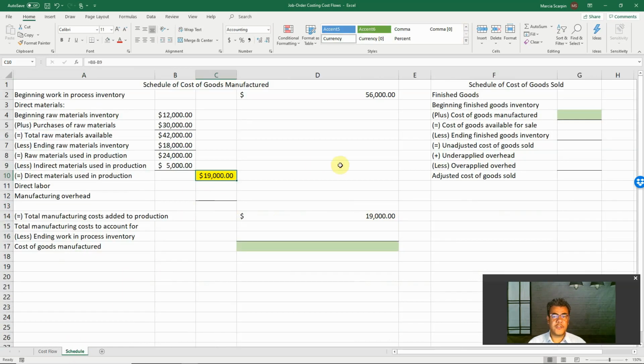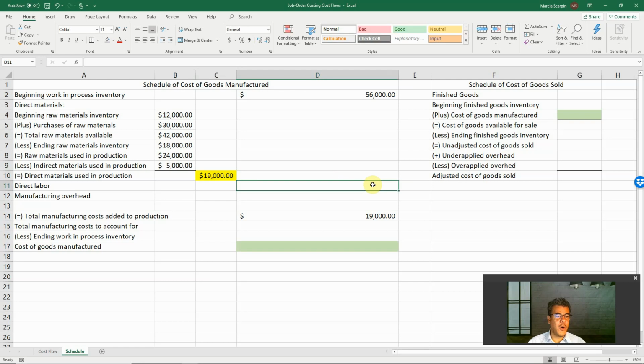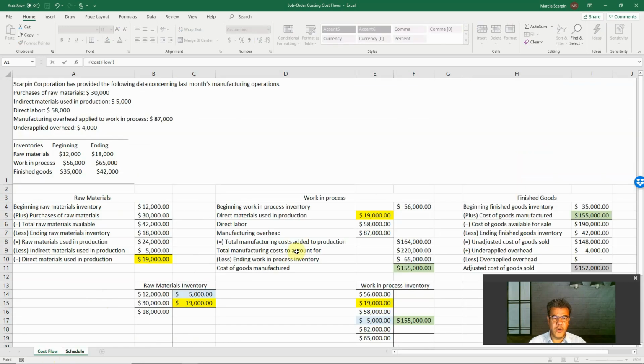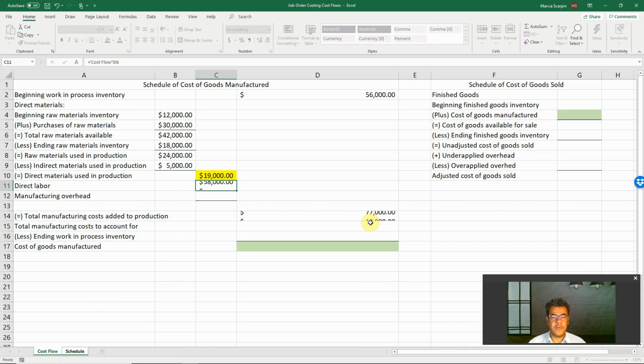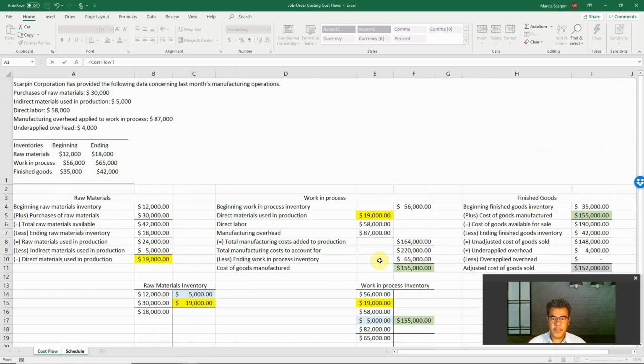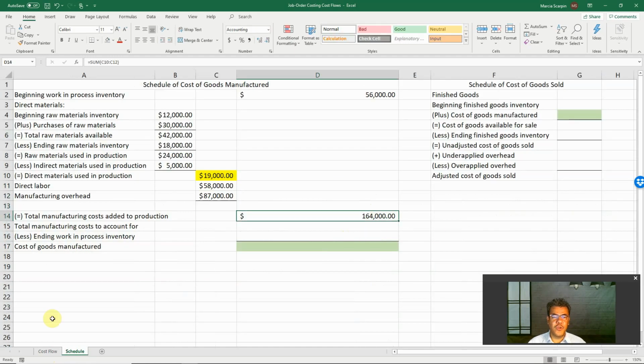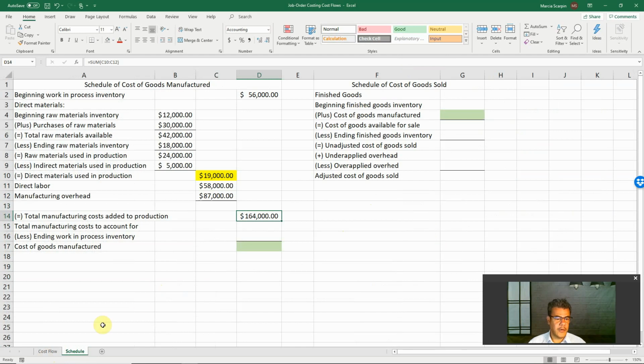And let's move on. Direct labor, 58. Plus manufacturing overhead, 87. Cost added to production, 164. Much better now.